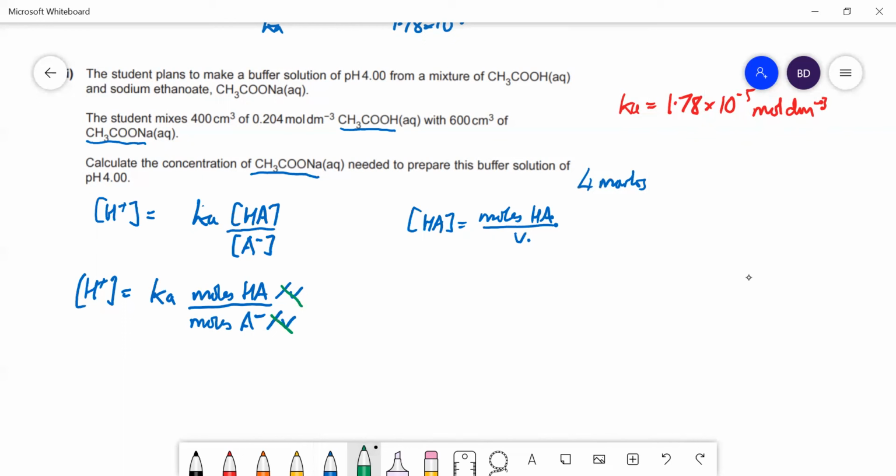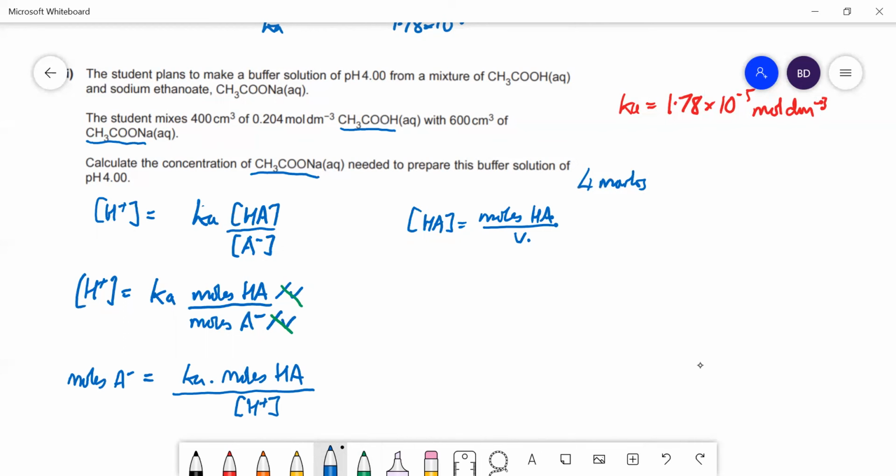So now we've got the H+ concentration is equal to that. Now we need to find out the moles of A minus, so I'm going to rearrange that equation. The moles of A minus is equal to Ka multiplied by the moles of HA divided by the concentration of the hydrogen ions.